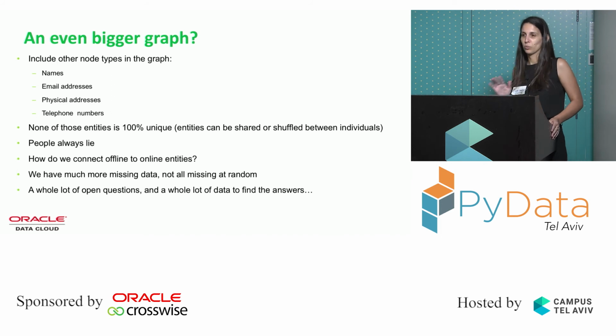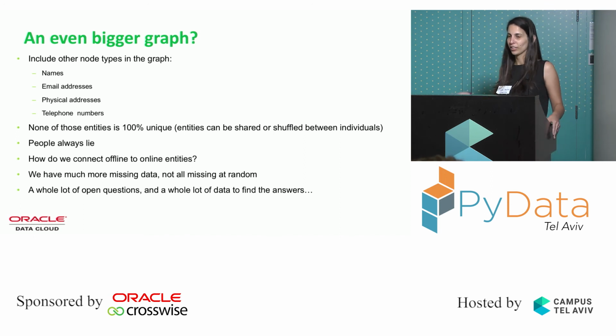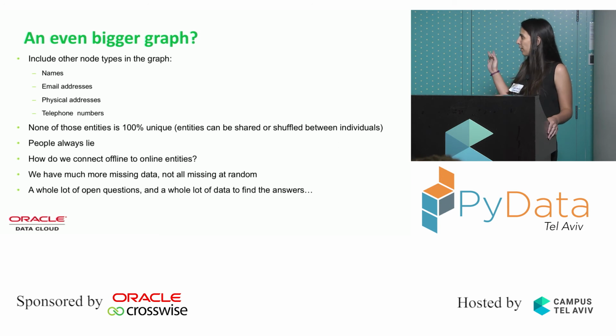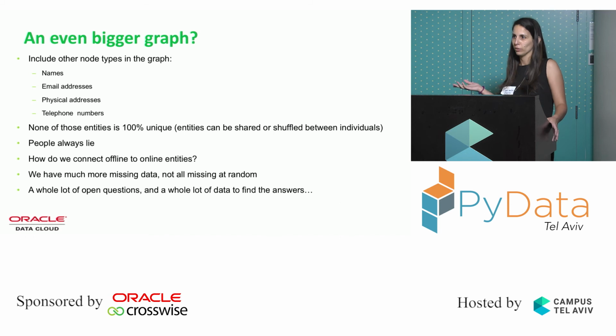None of these nodes is 100% unique, okay? You can have two people with the same name. You can have two people sharing an email or an office email or stuff like that. Really nothing, I think, is unique; obviously two people can live in the same house if they're married or just roommates. And people always lie. So basically, you'll get a bunch of names like Donald J. Trump or emails like blah, blah, blah @com.